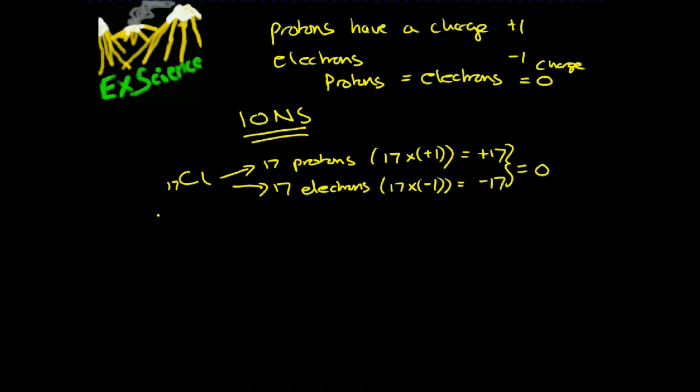There are two common isotopes of chlorine: Cl 35 and Cl 37. So those are the masses of the isotopes.